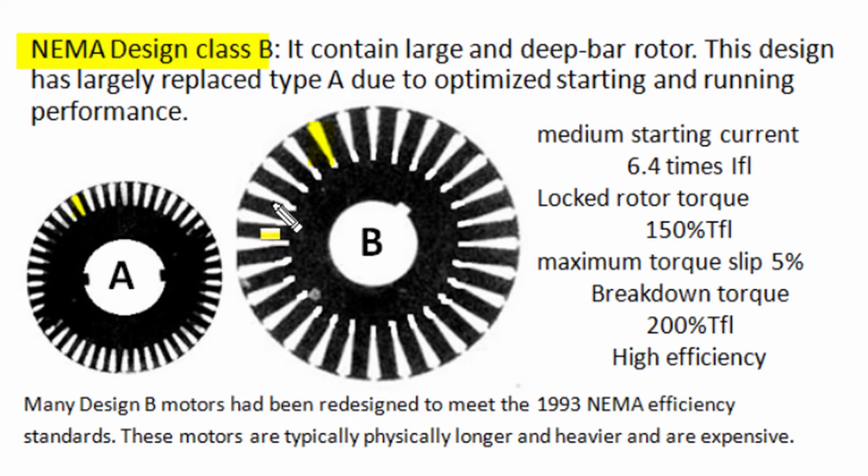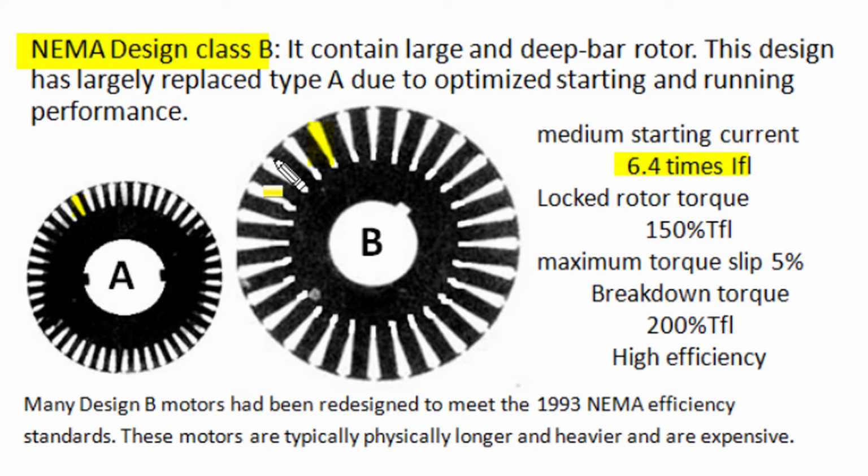Now for the type B standard NEMA design motor, this is only 6.4 times full load current, and since the rotor has higher effective resistance due to uneven distribution of current at the time of starting, with that small starting current of 6.4 times full load current, it produces the same amount of torque as is produced by 8 to 10 times current in the type A motor.